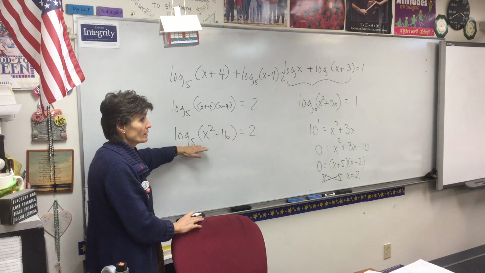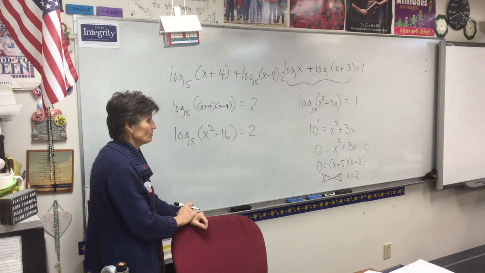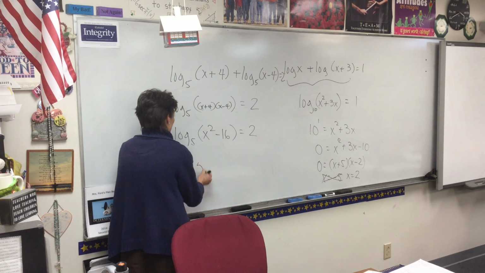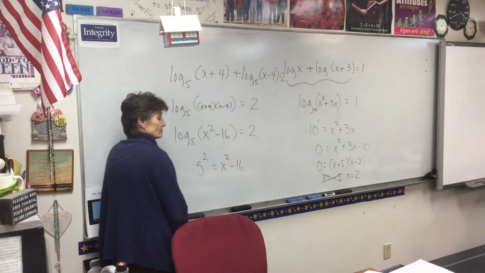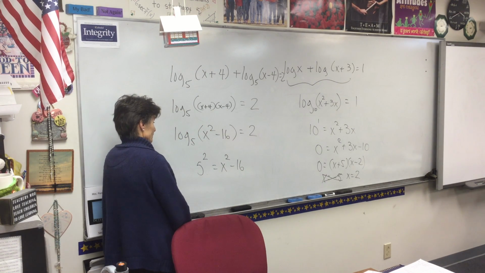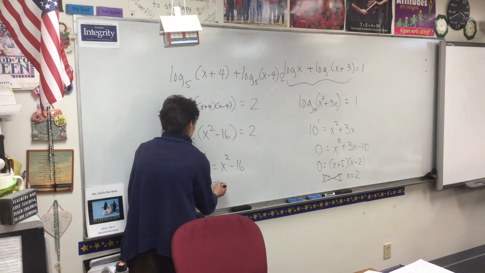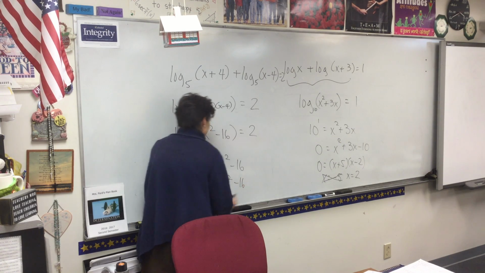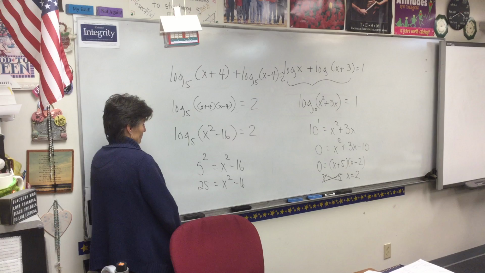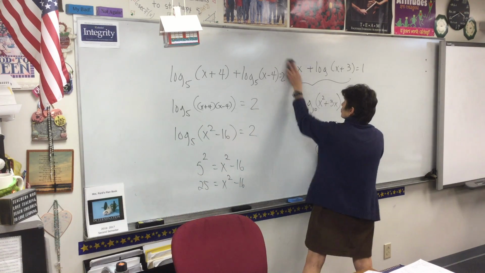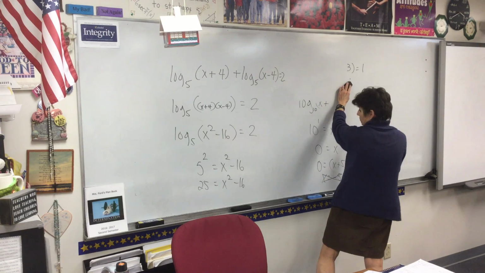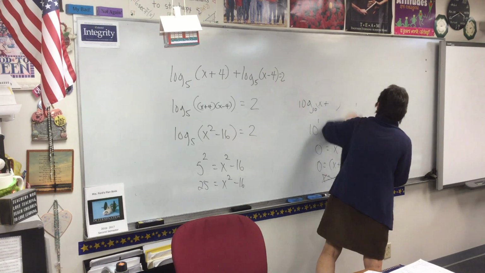Now you got just one logarithm, so now you loop-de-loop. So 5 to the second equals x squared minus 16. 25 equals x squared minus 16. X squared equals 41.